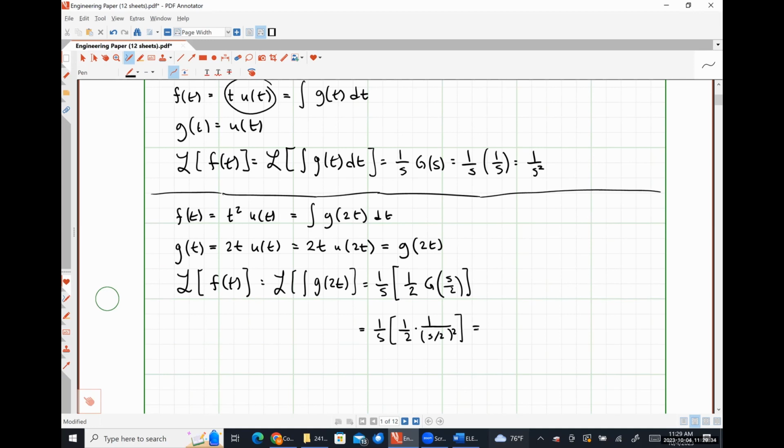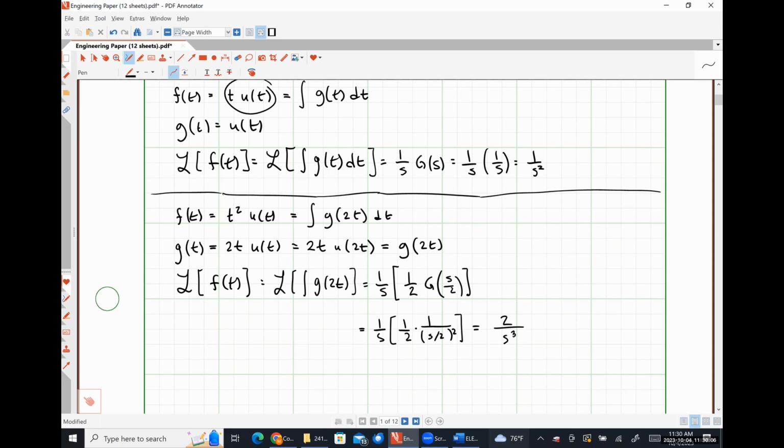So when I expand all this stuff out, I'm going to have 2 squared divided by 2, which just looks like 2. And then I have s times s squared, which is going to be s cubed. So the Laplace transform of t squared u of t is 2 over s cubed.